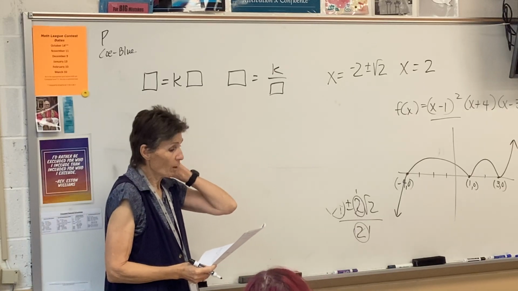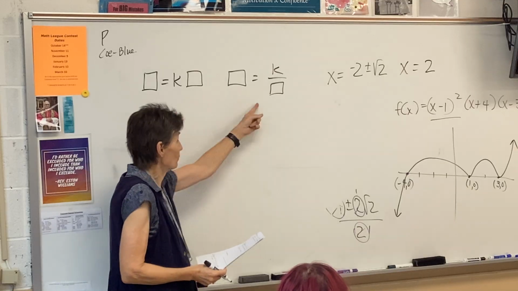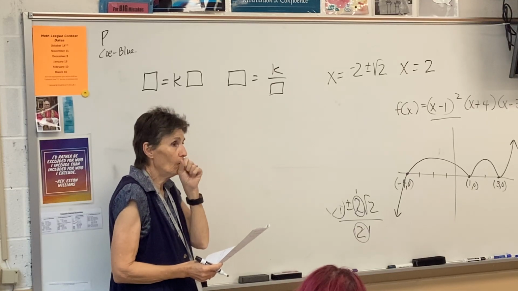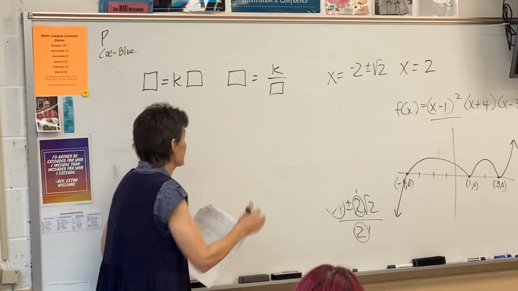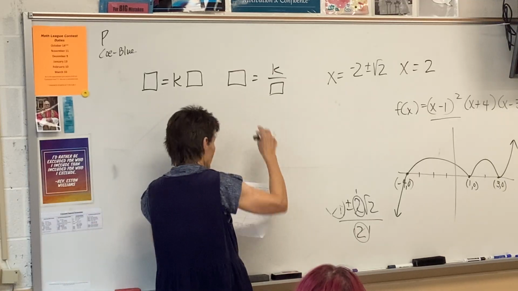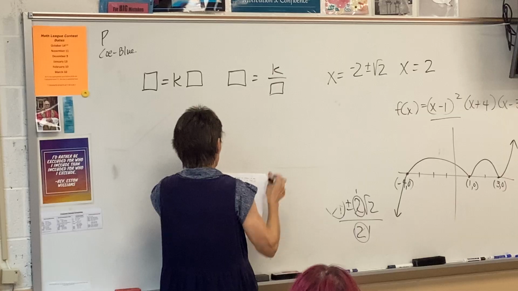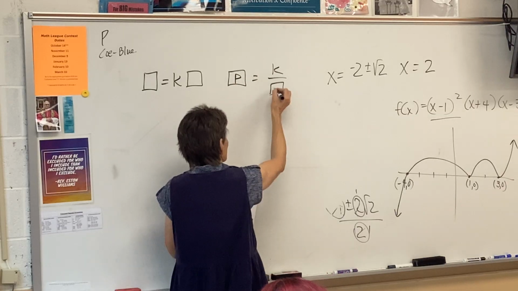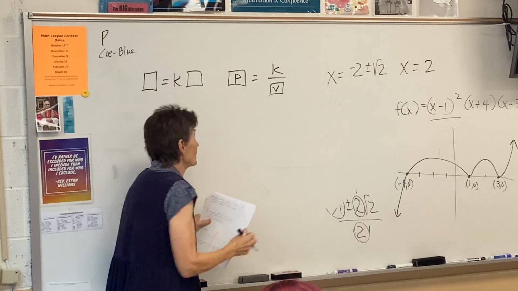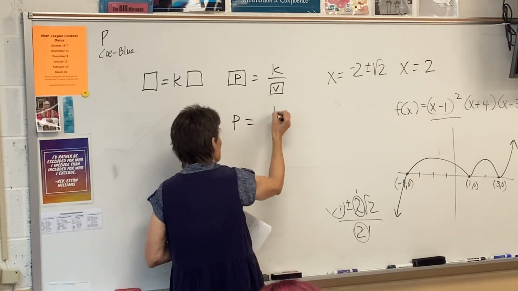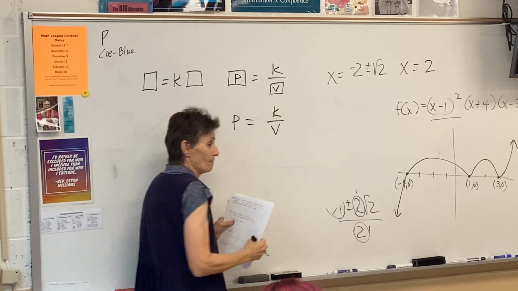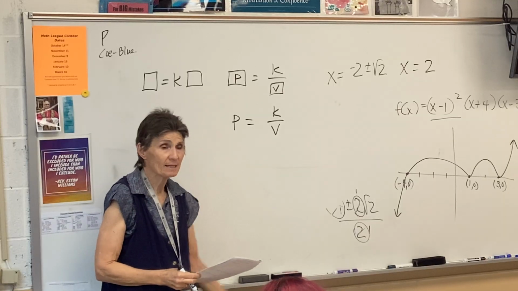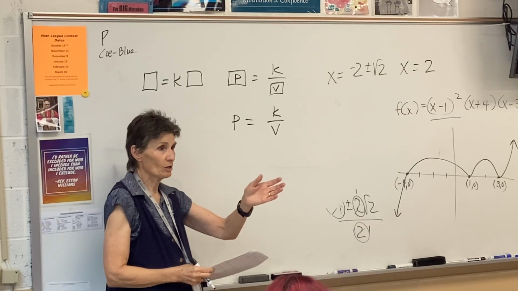So let's read the problem and you tell me is it 1 or 2? 2. This one is inverse. Pressure varies inversely as volume. So P equals K over V. That is going to be every step I take in this problem, that's what it's going to look like.